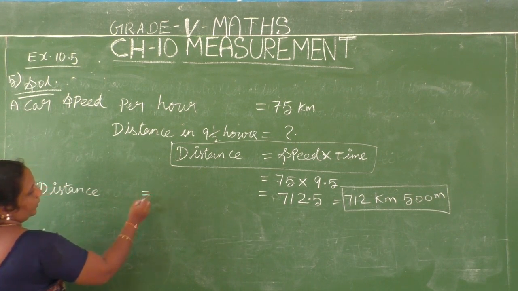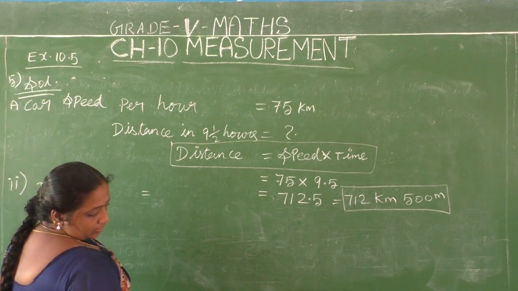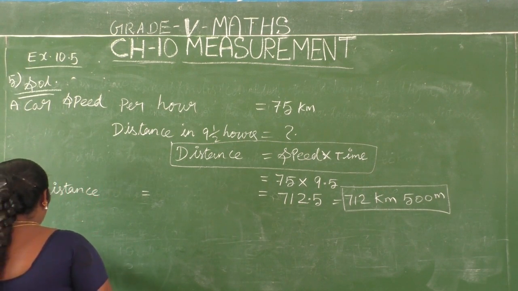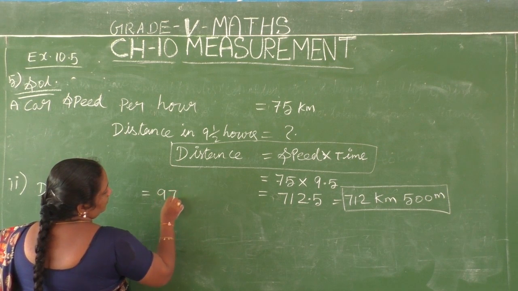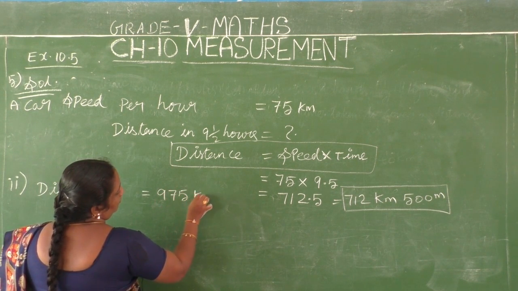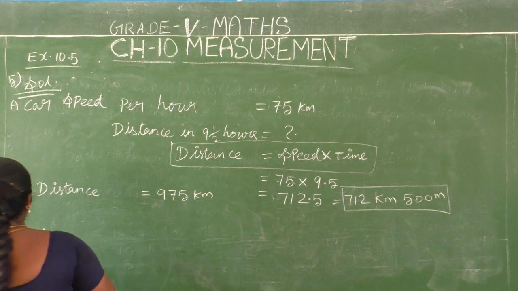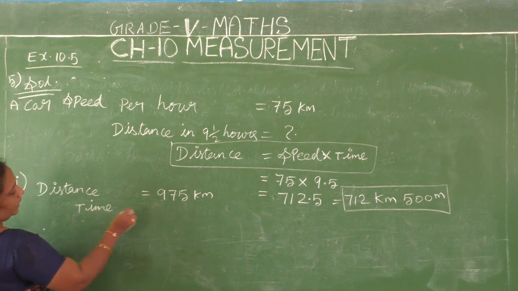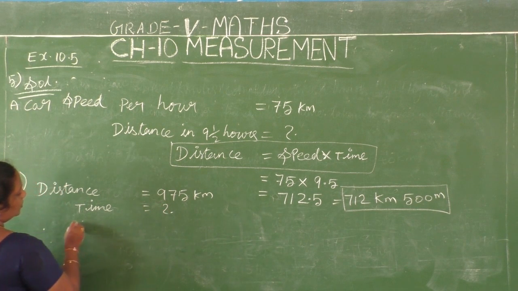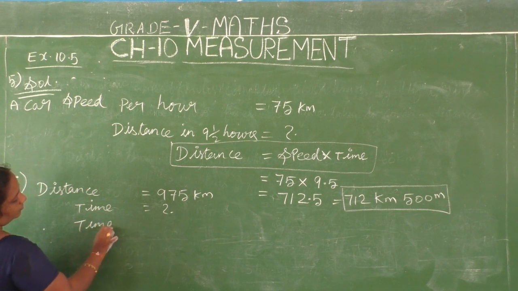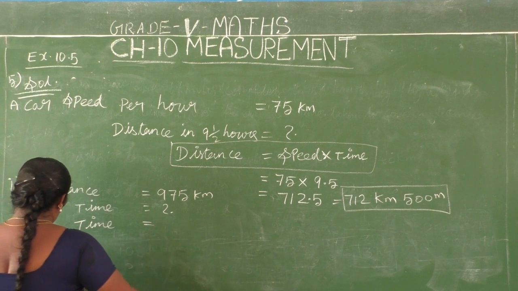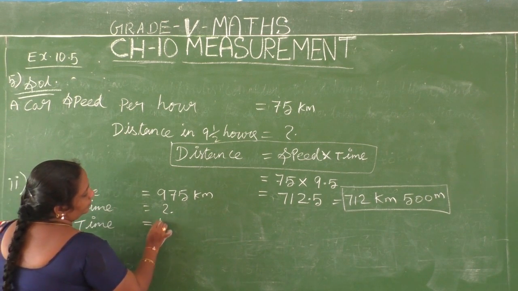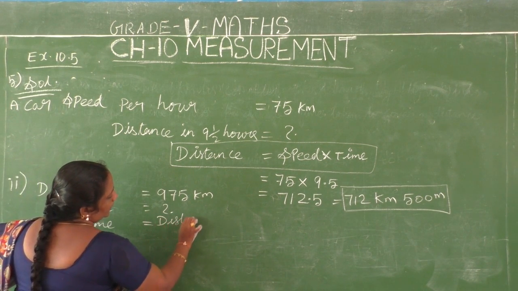What distance did they give? 975 kilometer. Okay, then for this one we are going to find out the timing. Timing we don't know, so we have to use the time formula. What is the time formula? Distance by speed.